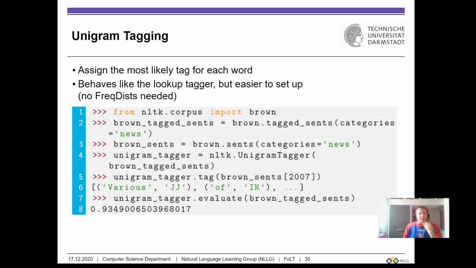Okay, we can also implement this unigram tagger more simply. This is exactly the same tagger, but it's done more simply using built-in functionality of NLTK, and when we use this, we can abandon this frequency distribution methodology. We would just say the unigram tagger with the Brown tagged sentences as the model.